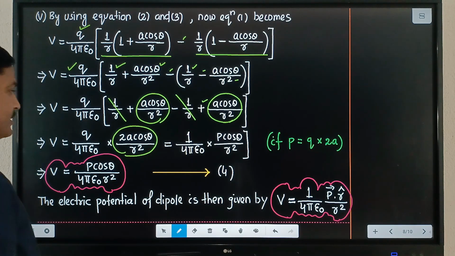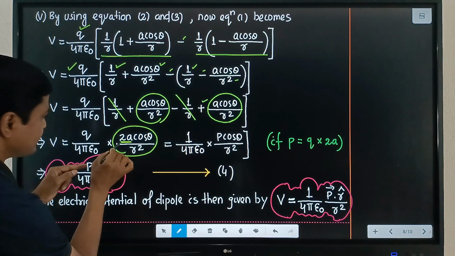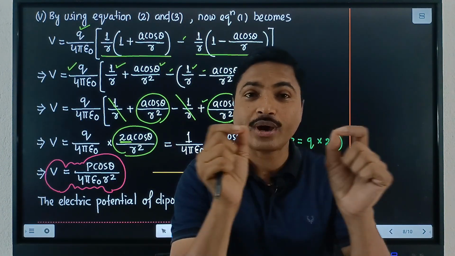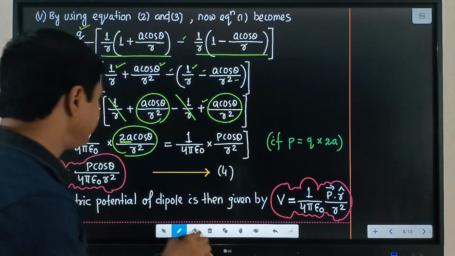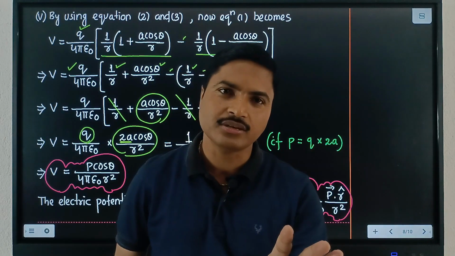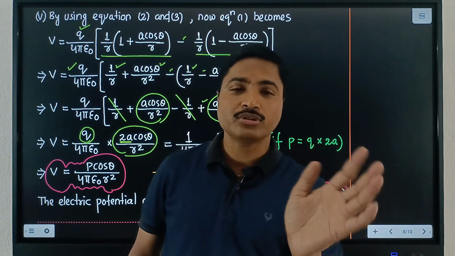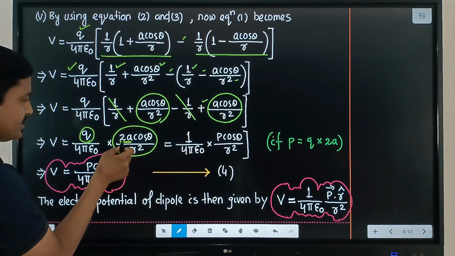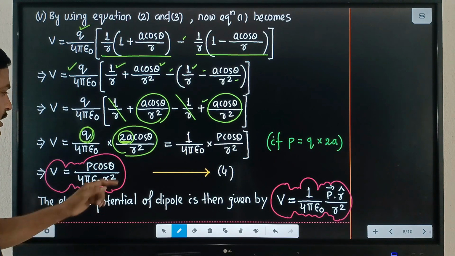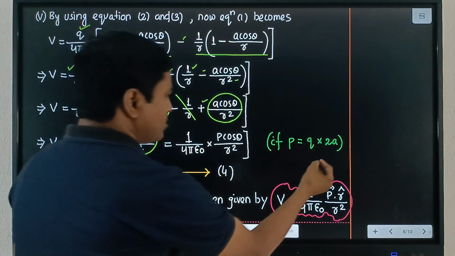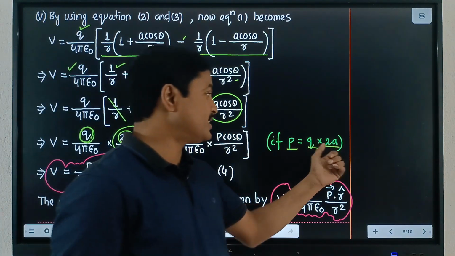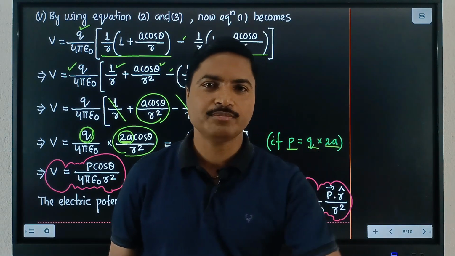Then here 2A is the distance between the two poles. Distance between the two poles is twice A, you know that. And here Q is the magnitude of any pole, because the magnitude of the minus Q charge is Q and the magnitude of the plus Q charge is also Q. And you know, distance between the two poles multiplied by magnitude of any pole, that means 2A multiplied by Q, that is the dipole moment.